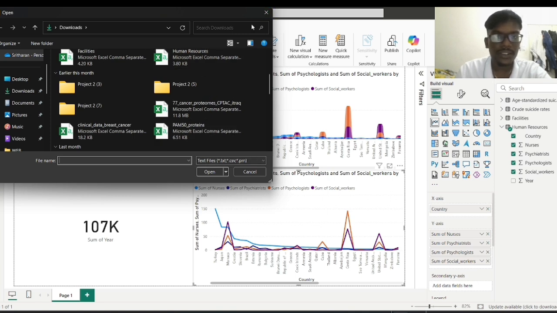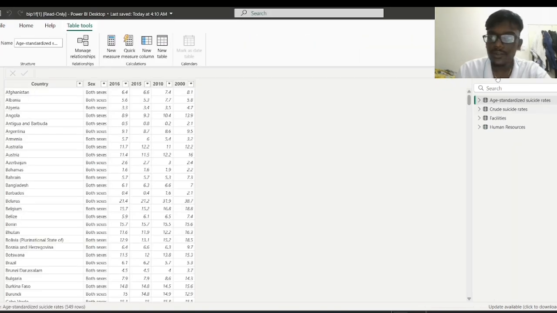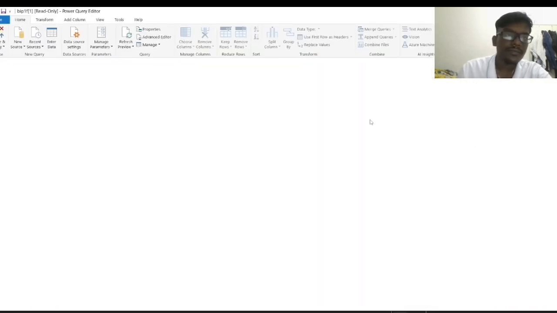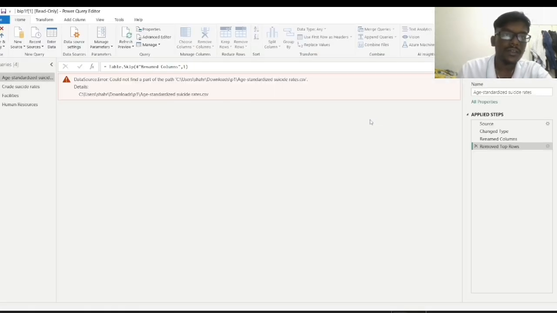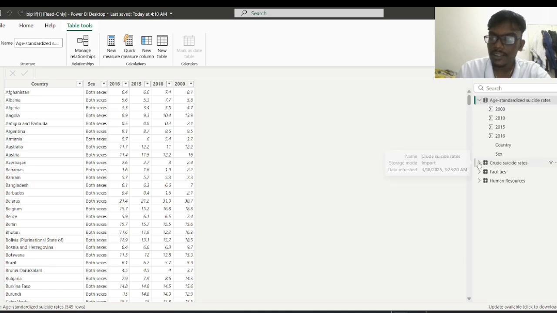After you choose the set, it will show the table view. Here you can edit the query. After you edit the query, you need to cancel. And you can also see the details.